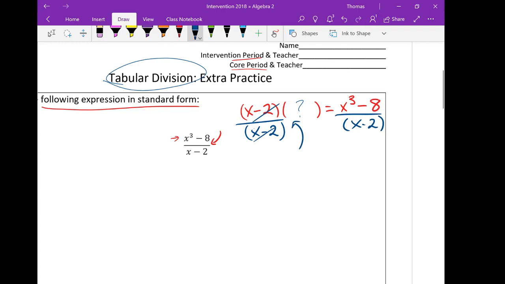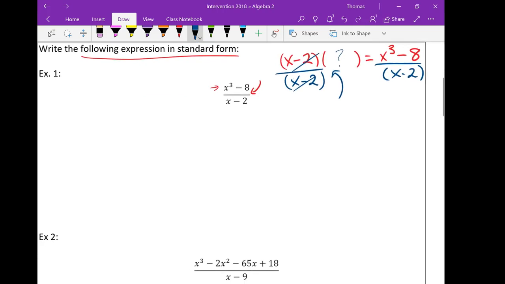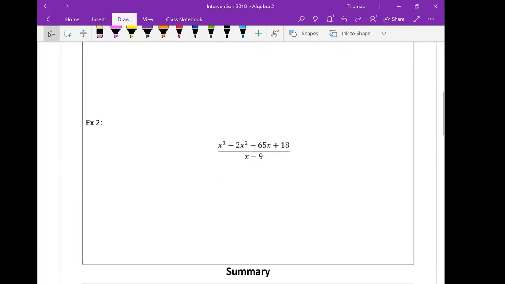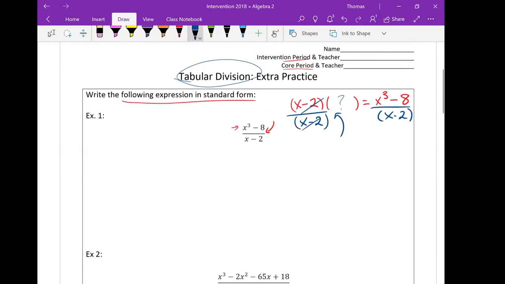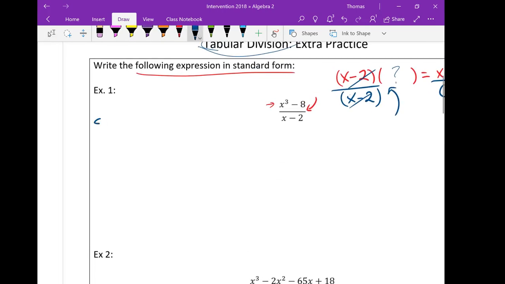All right, so that's the motivation for why this tabular method works, and we've talked about the tabular method for multiplication already. So let's review our steps right now. If you're in my class, we have 3 steps that we follow when we do this. Step 1, we fill in missing terms. What we mean by that is in our polynomials, there may be missing terms that we expect to see.